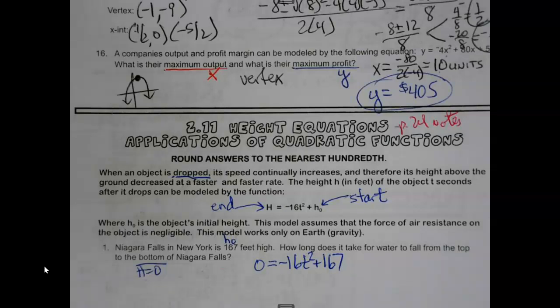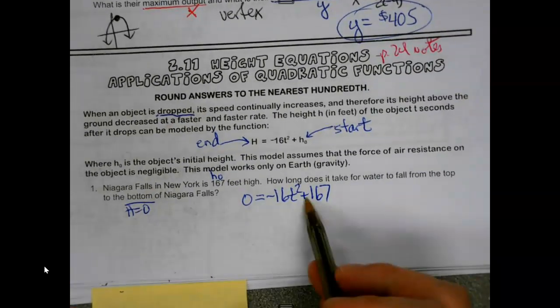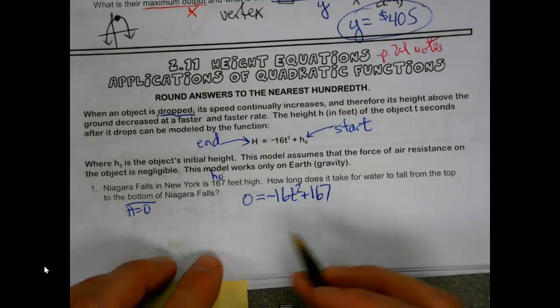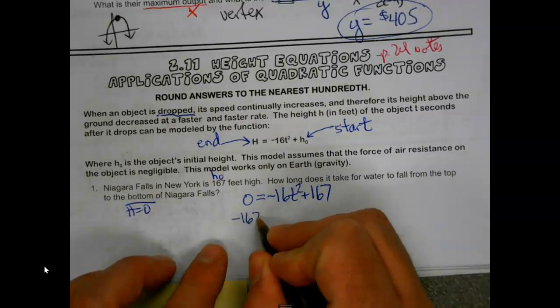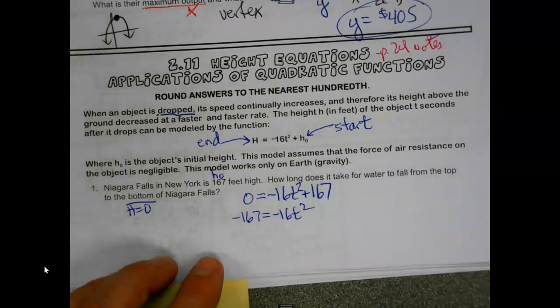Here's where you have a choice. If you don't have a t term in the middle, you can treat it like we would x. You can do this algebraically if you wanted to. I could minus the 167 out. Don't take the square root yet.